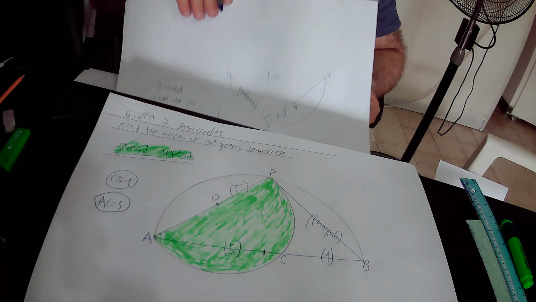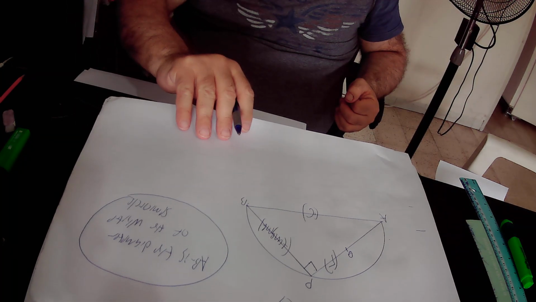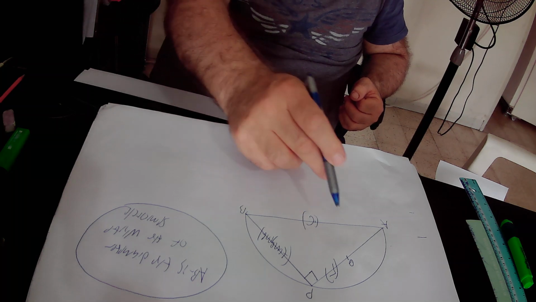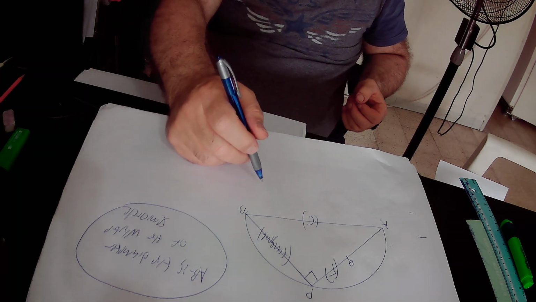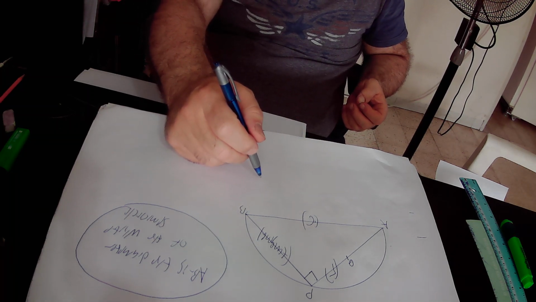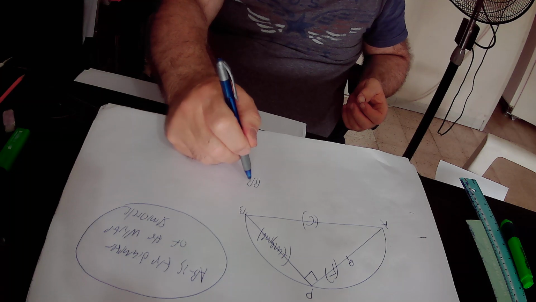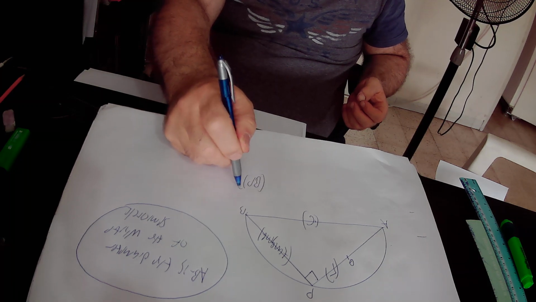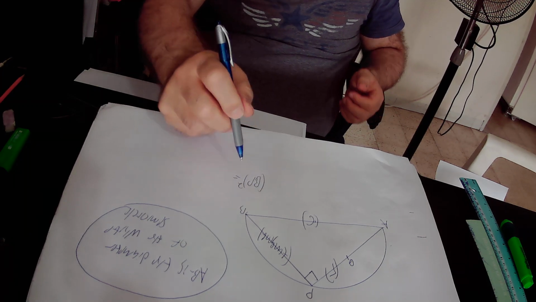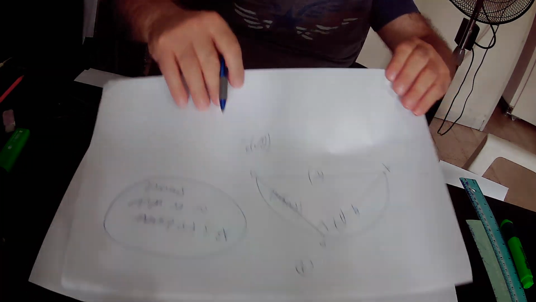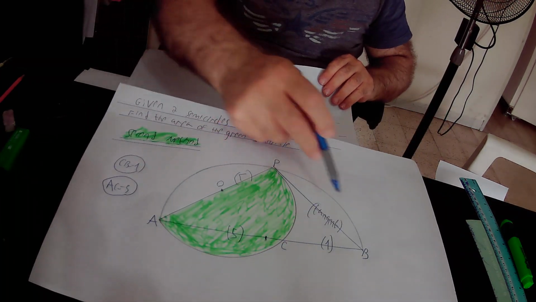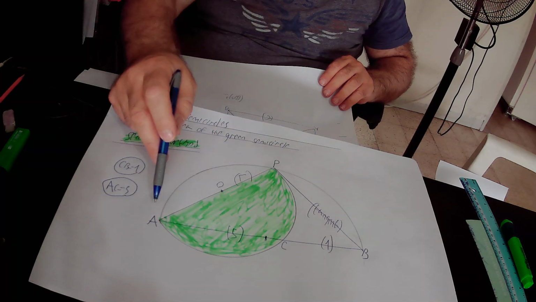So again, according to rule 10, PB squared, that is the square of the tangent BP, must be equal to BC times BA.